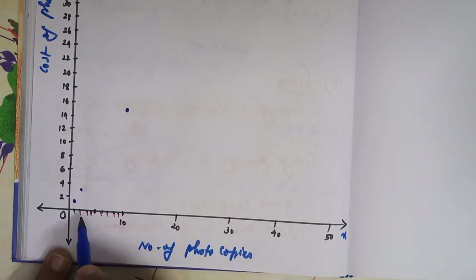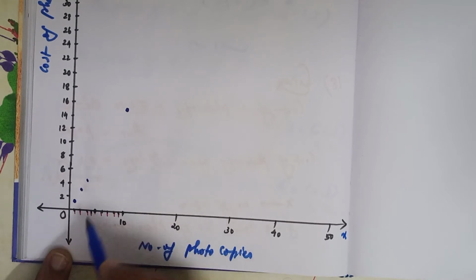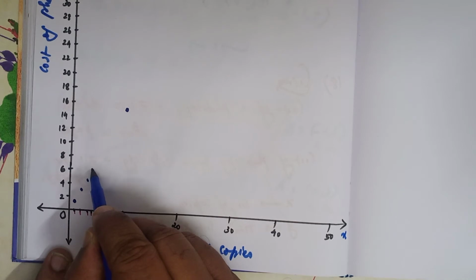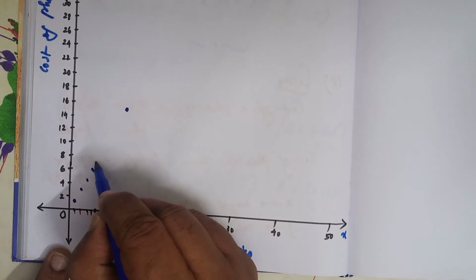Now for the third copy, 3 into 1.5, 4.5. Fourth copy, 4 into 1.5, that is 6. Fifth copy, 5 into 1.5, 7.5.